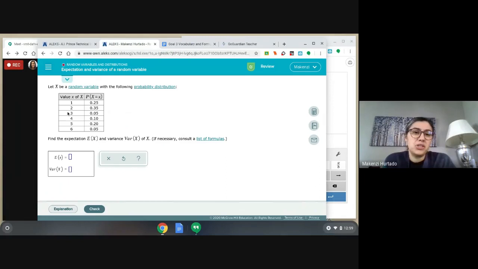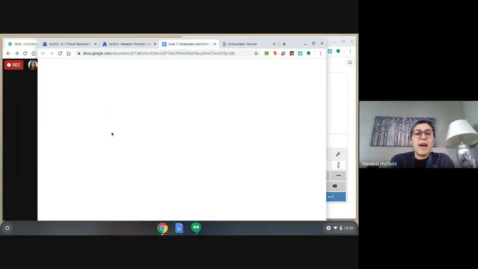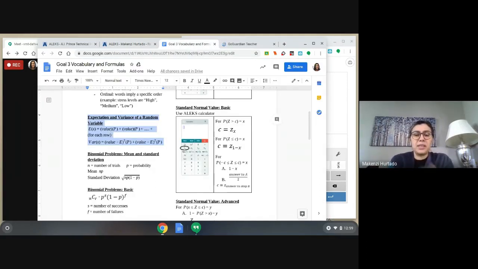So what this is showing us is that the value, number 1, we have a 25% chance of getting a value of 1, a 35% chance of getting a value of 2, 5% chance of getting a value of 3, and so on. In order to find our expectation, looking at our formula chart, it is the value times the probability of each row, and they're added together.